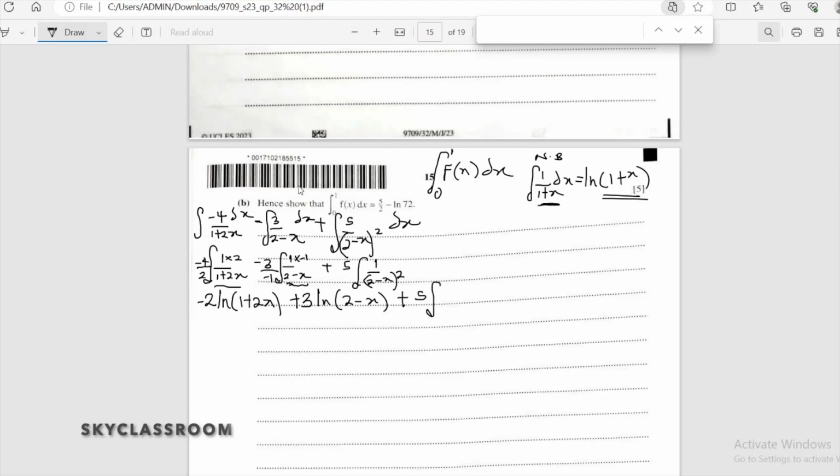5 integral 1 over 2 minus x squared can be written as 2 minus x raised to the power minus 2 dx. Why are we doing that? Because of the power. It has the power 2. You have to obey this form.